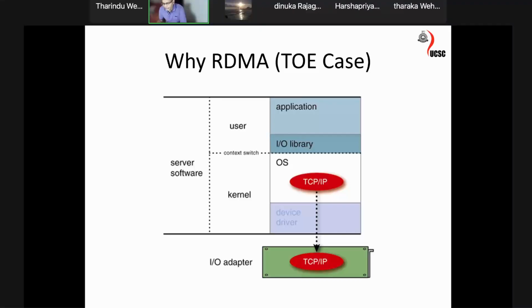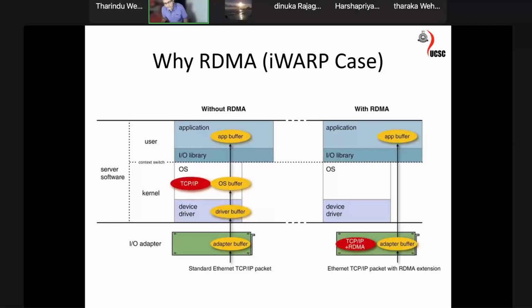Those are called SmartNICs, not normal NICs, network interface cards with smart capabilities, like a smartphone and a dumb phone. So RDMA is built to offload the TCP offload engine, and the protocol overhead will be pushed to the IO adapter, which is the SmartNIC, along with several buffers.